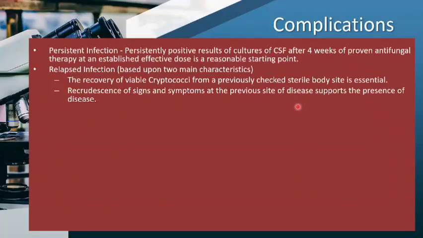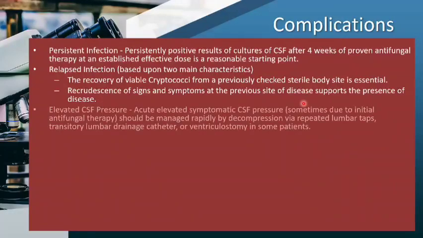First, you have tested and found it positive, then you treat, and then you find that the body is sterile when you do all those investigations that I mentioned. There is nothing, or the symptoms and signs at a previous site of the disease will support the presence of the disease after you have concluded that it's not there. All right, so that would be a relapse.